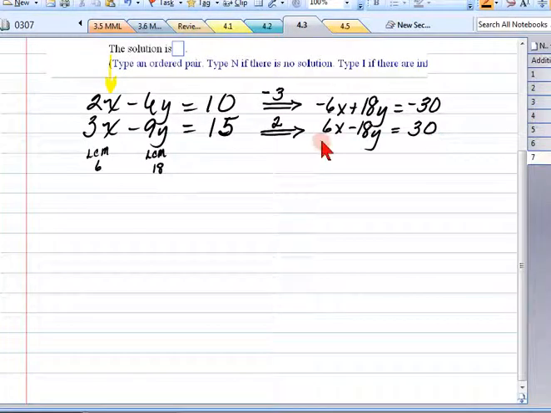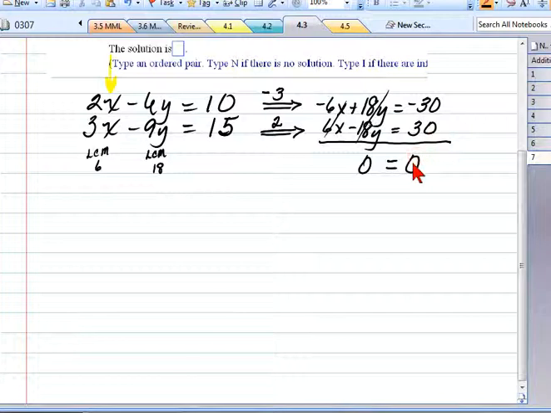All right, which means we've entered into one of those weird situations. Both the x's and y's are opposite, so I get 0. Negative 30 and positive 30 is 0. So that's true, which means what's the answer? Infinite solutions.